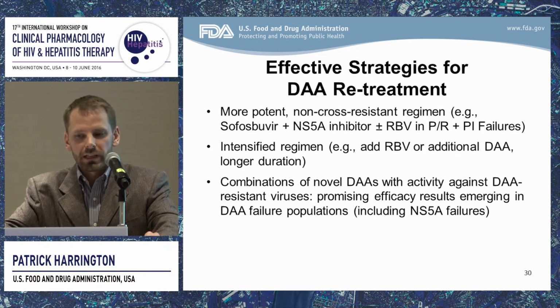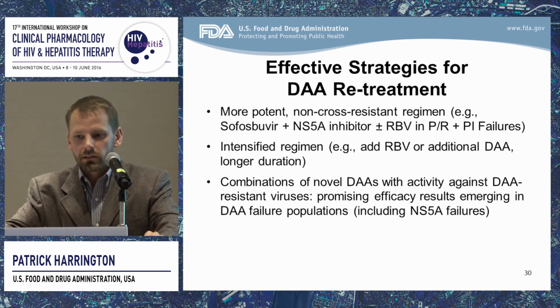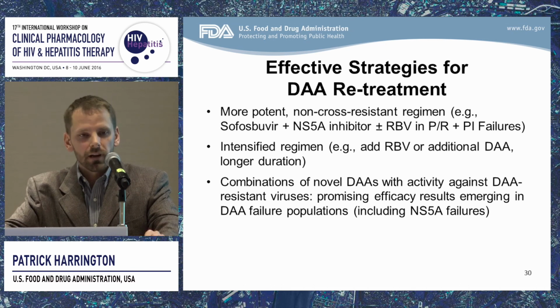I'm just going to highlight 3 general strategies that have been shown to be quite effective for the retreatment of DAA failure patients. So the first one there is simply using a more potent, non-cross-resistant regimen. We have very good examples of this that are even approved and available today, such as Sofosbuvir plus an NS5A inhibitor for somebody who experienced virologic failure with a protease inhibitor.